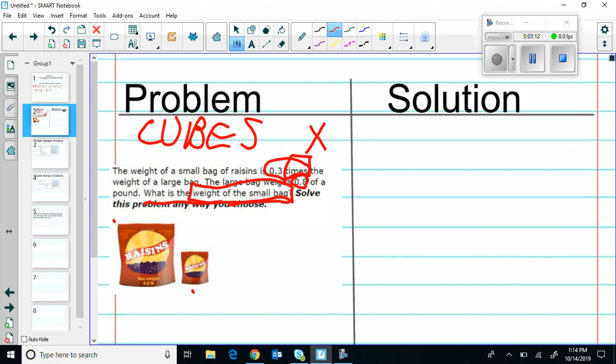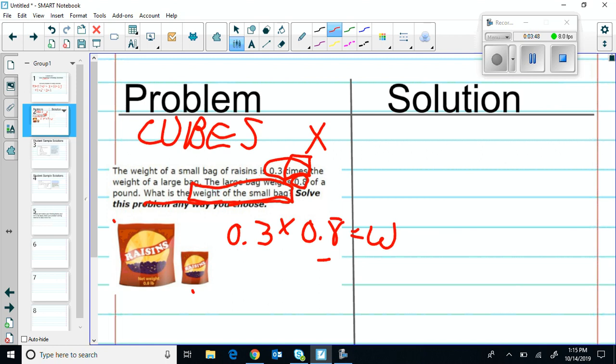Now, as we're evaluating, I am thinking of something. We're going to end up taking 3/10 times 8/10 to evaluate and get the weight of our small bag. So there's our equation. One of the things that I'm thinking in my head, and you need to be familiar with, is that when you multiply any number by another number that is less than 1, you're going to get an answer that's smaller than what you had because you're multiplying it by a decimal.